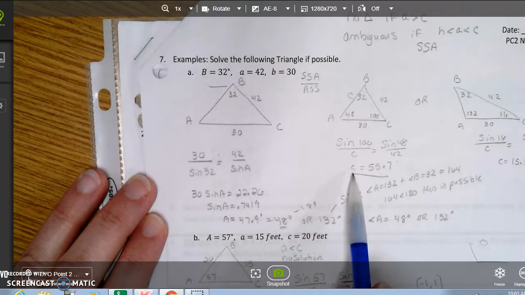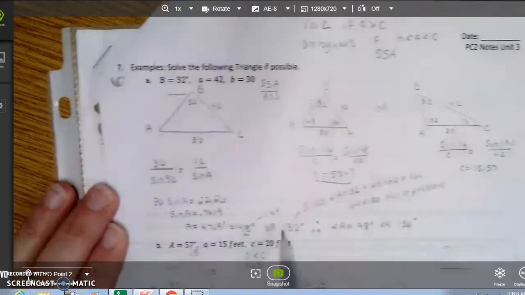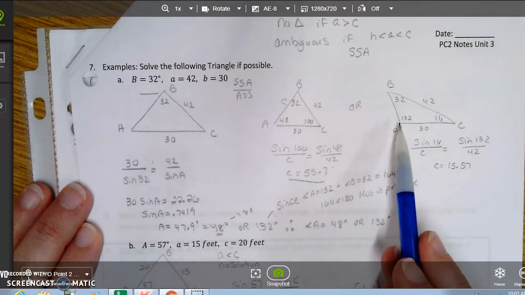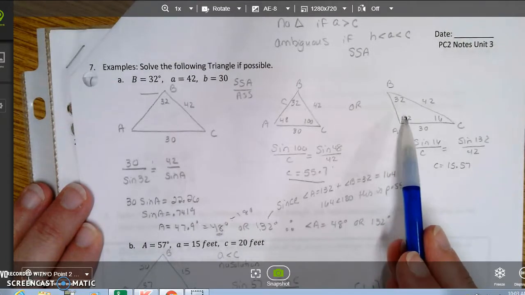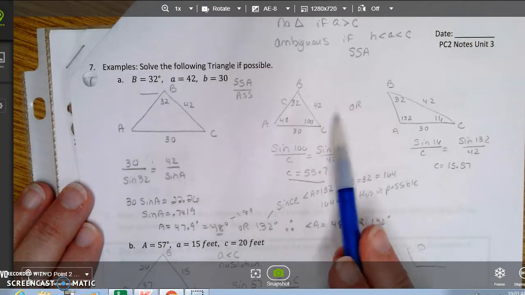But what if I took that 148 and I subtracted 180 from it? Then I'd get 132. So could I still make a triangle? So the 32 doesn't change, but what if this was 132? If I subtract that from 180, I can get a third angle, which means there are actually two solutions to this problem.